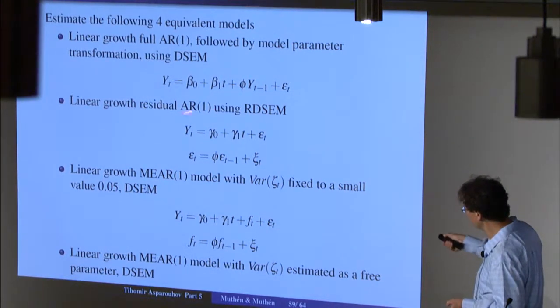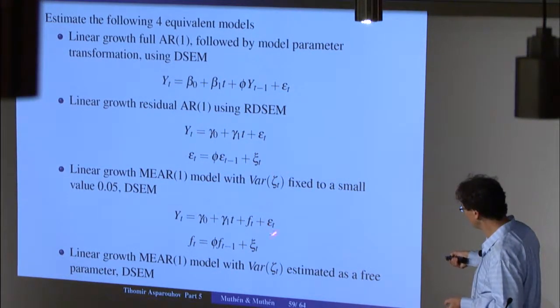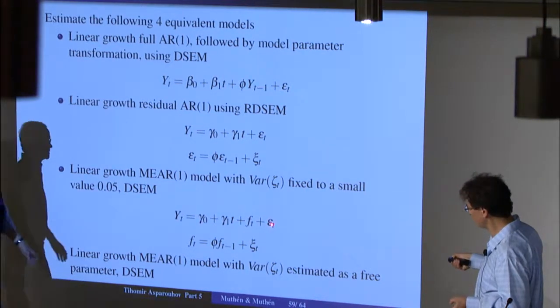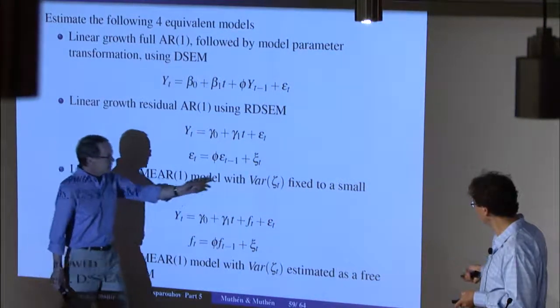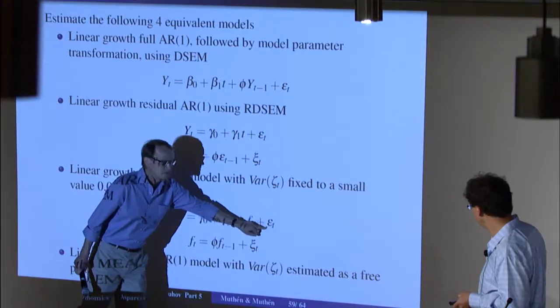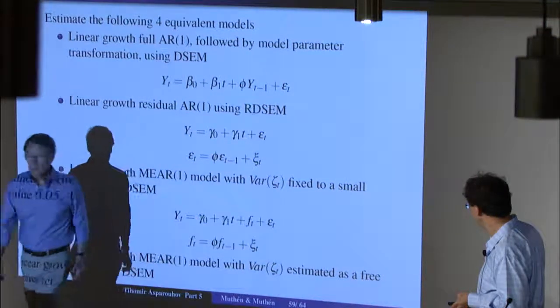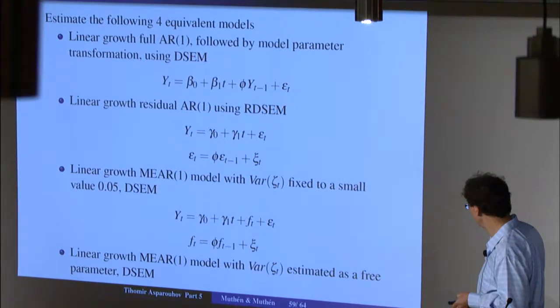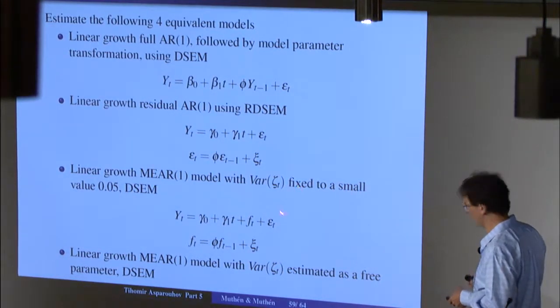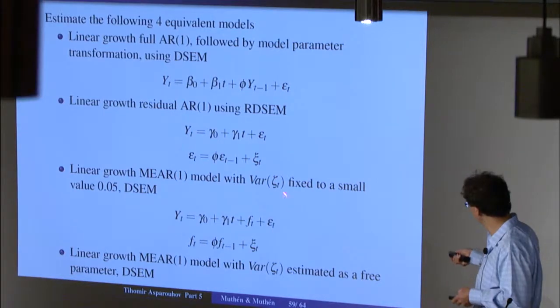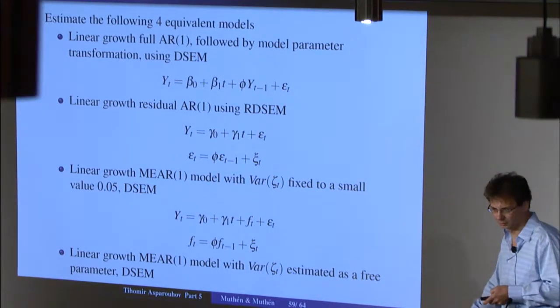So we wanted to estimate this model, but we end up estimating this model. We want this actually to be fixed to 0. Can I ask you, should this variance be the variance of epsilon, not zeta? Yes, that's correct. That is a typo here. So that should be epsilon t. Sorry. Thank you.